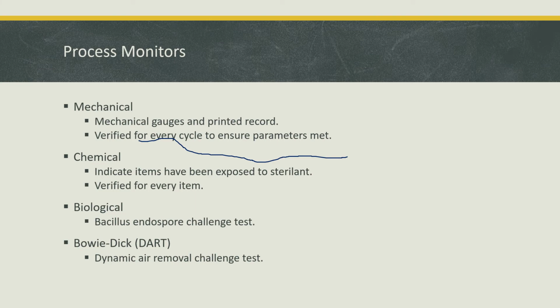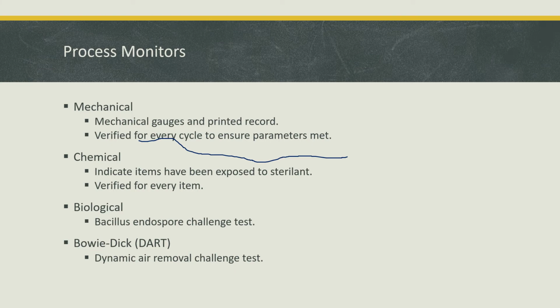Then biological: these are bacillus endospores. If you go back and think about the definition of sterilization, for something to be considered sterile, it must be rendered free of all microorganisms, including spores. So we've got to kill all microorganisms, including endospores, which are the most resilient. This challenges that by being a test that we can place in the autoclave to make sure that it is capable of killing spores.